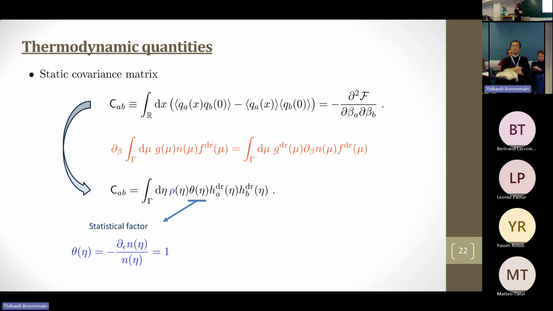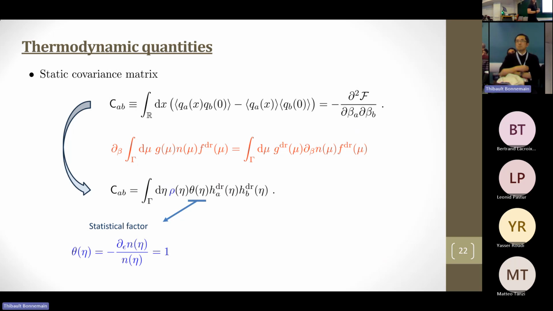But on top of this, this time you have the theta function, which is called the statistical factor, which includes the statistics of your particles. So here, since our solitons follow a Maxwell-Boltzmann type statistics, the statistical factor is trivial, but it's not the case in general. And again, we expect this formula to hold very generically when it comes to many-body integrable systems, provided that you know the phase shift, spectral support, and the statistics.